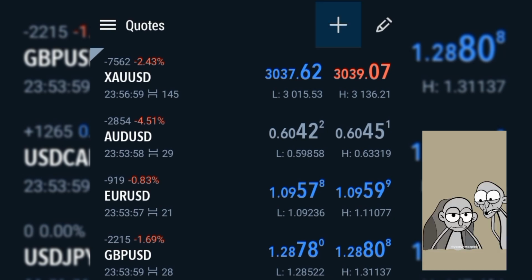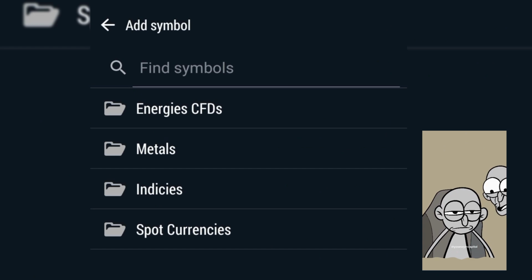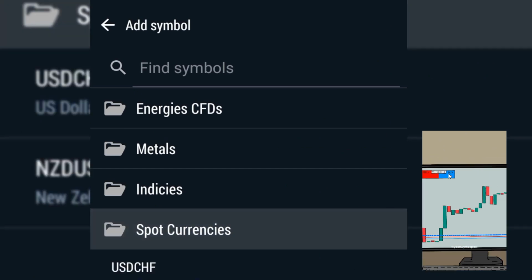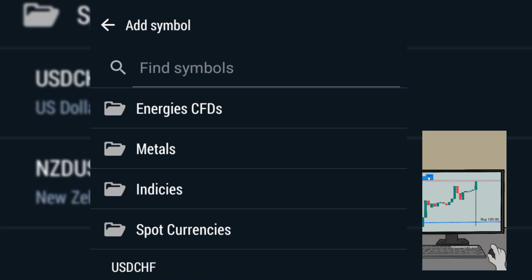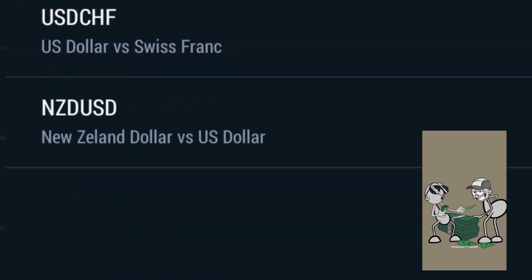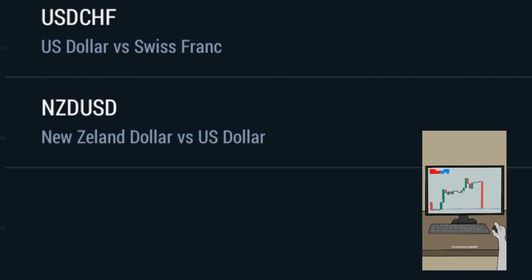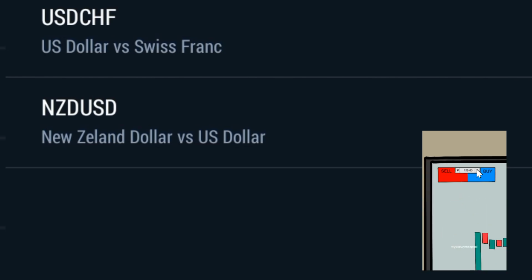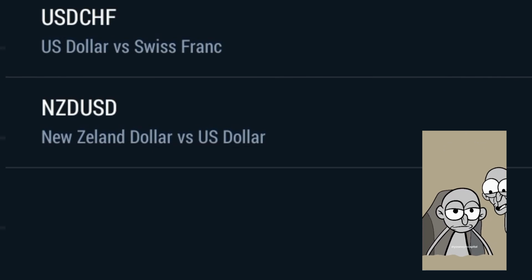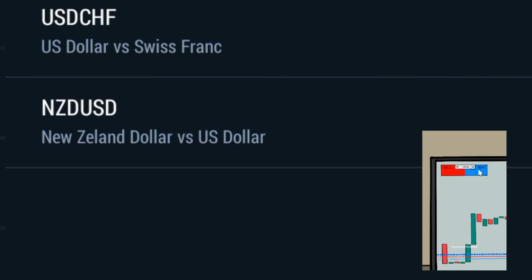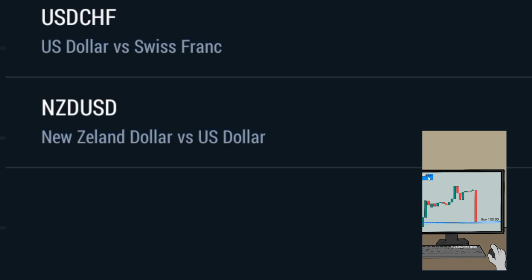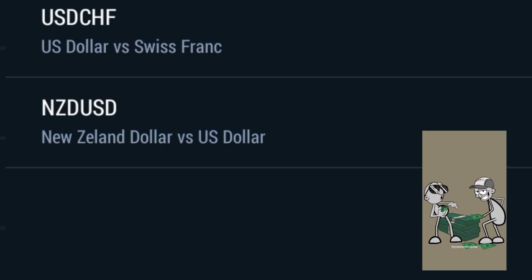Okay, now I'm going to be showing you other pairs and the reason why I don't recommend them. This particular NZD USD, the reason why I don't recommend it is because strategies don't play out right on this pair. I've tested it and it's not a good one to go with.